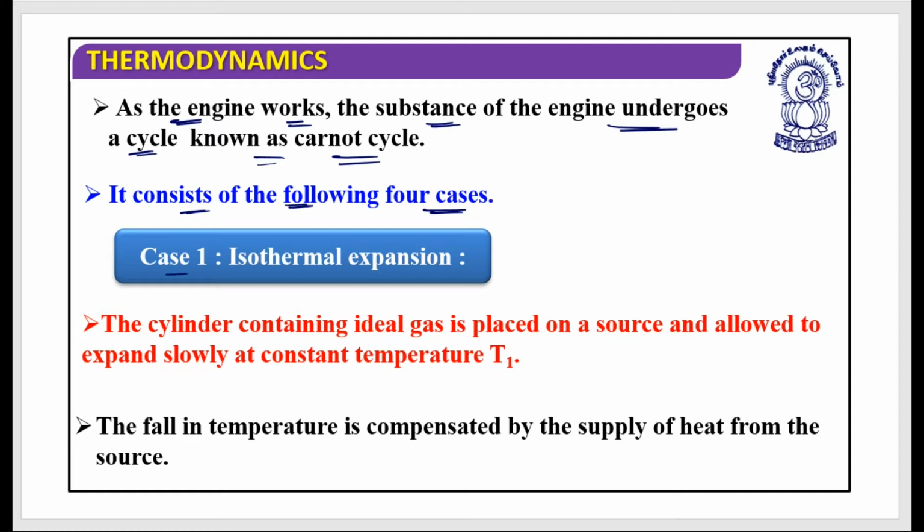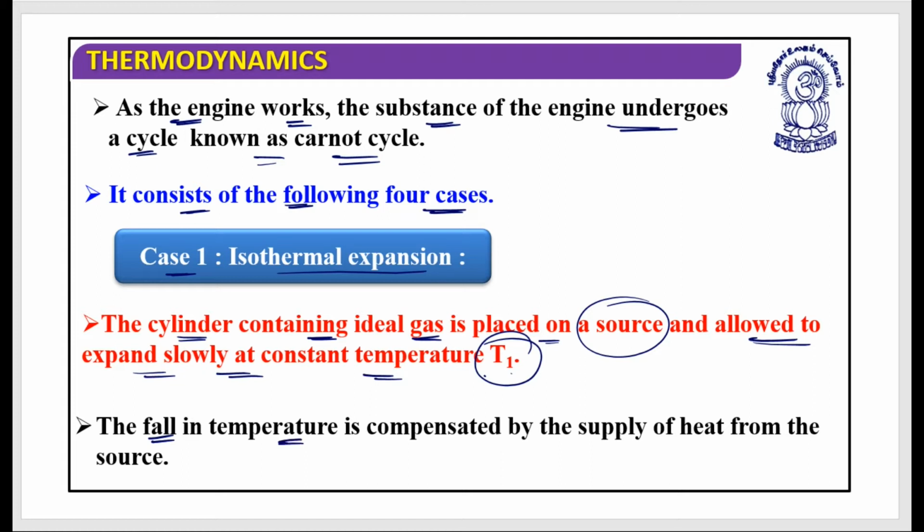Case 1 is the isothermal expansion. The cylinder containing an ideal gas is placed on a source, and it is allowed to expand slowly at a constant temperature T1. When it expands, there is a decrease in temperature.